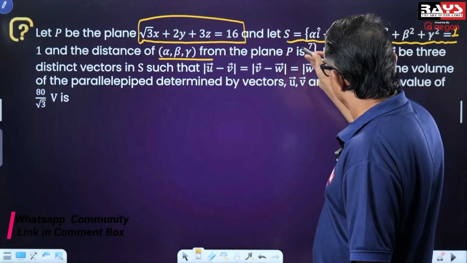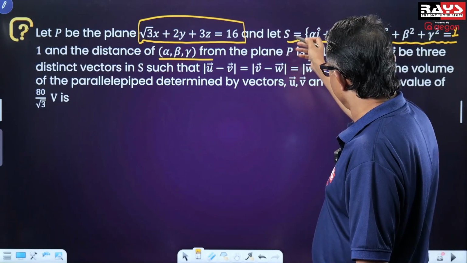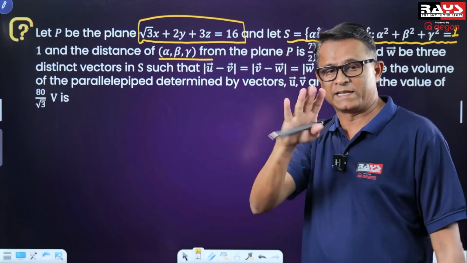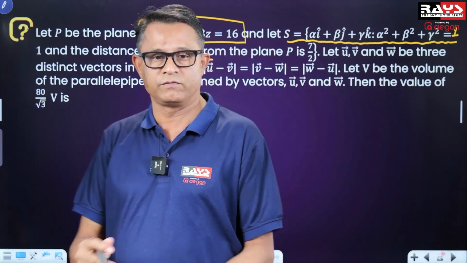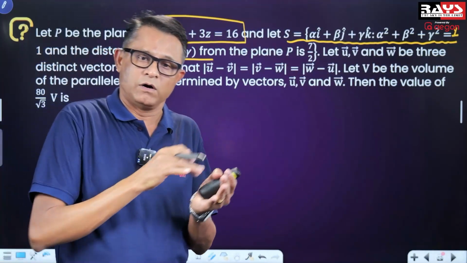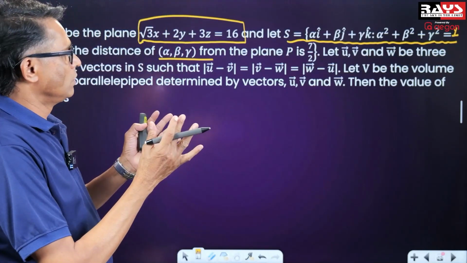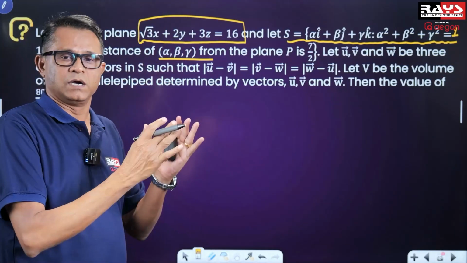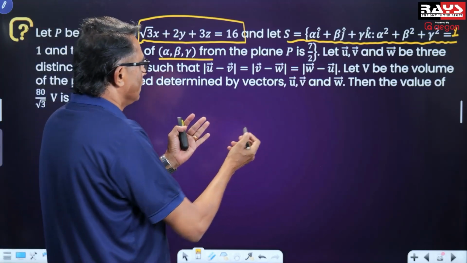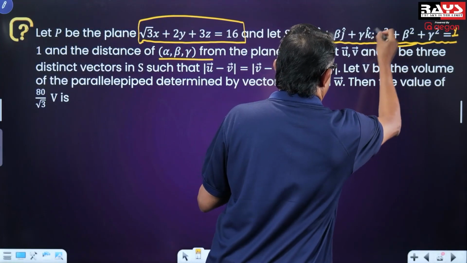So that means this S is the set of points of intersection of two figures. I would like to say that because this is a sphere.